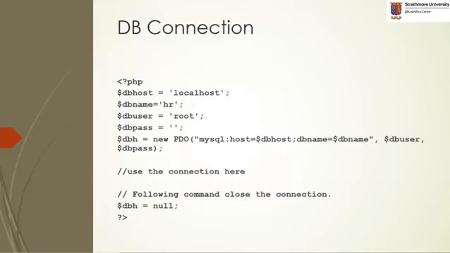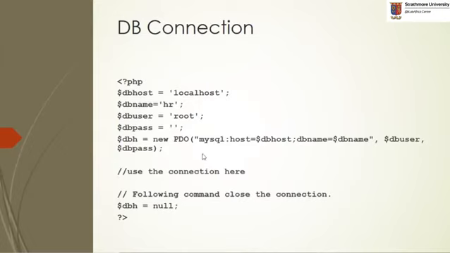So we are saying this is a new PDO, that is to mean PHP Data Object. Then we have MySQL. So we give it the MySQL host, we give it the value, which is the localhost that we have already defined. Then we have the database name, which is the DB name that we have provided here.